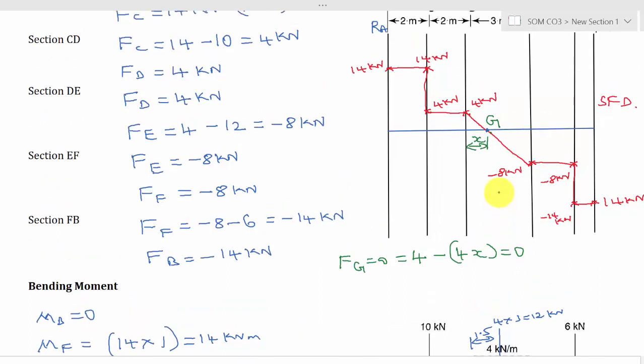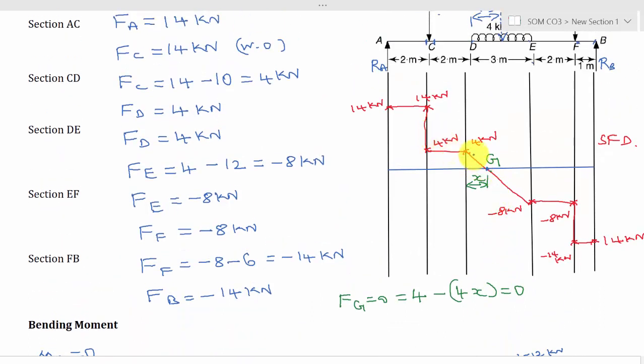Remember that the point G lies between point D and E. After the 4 kilonewton in between D and G, the UDL is acting, and since I have considered the distance as X, the magnitude is 4 into X. Then I can calculate the X value as X is equal to 1 meter. So this X value is 1 meter.